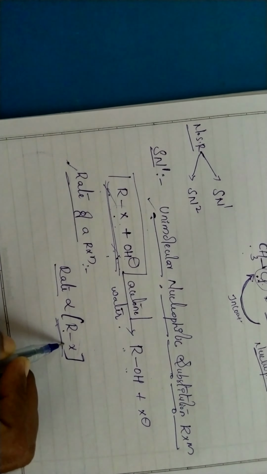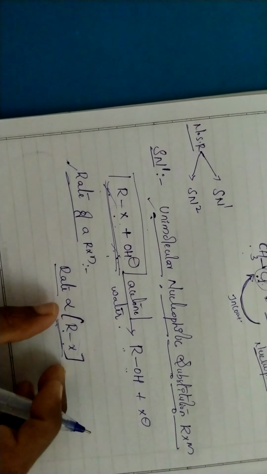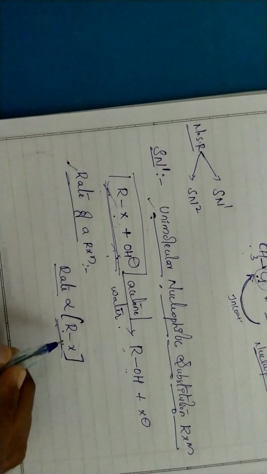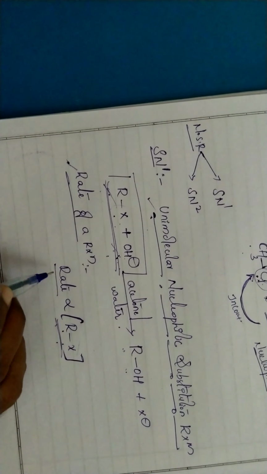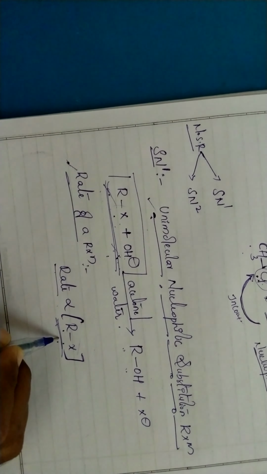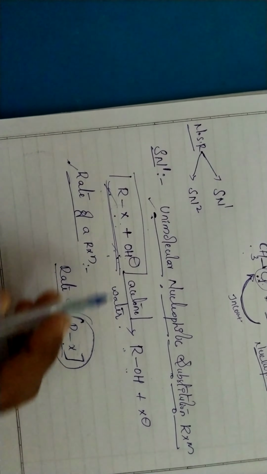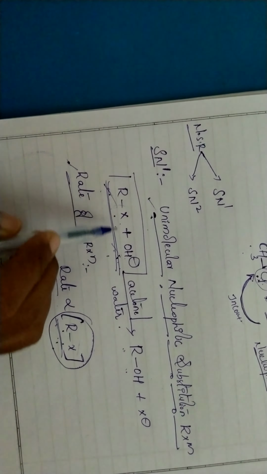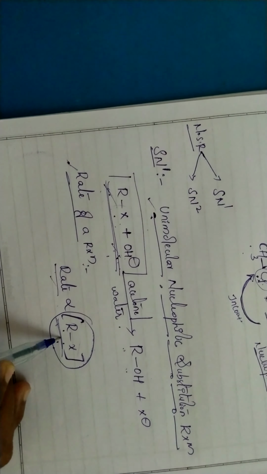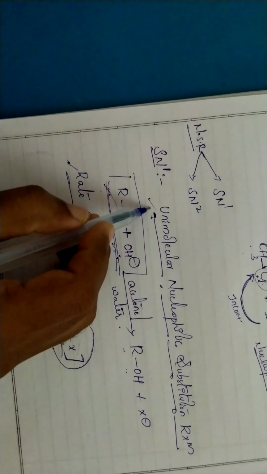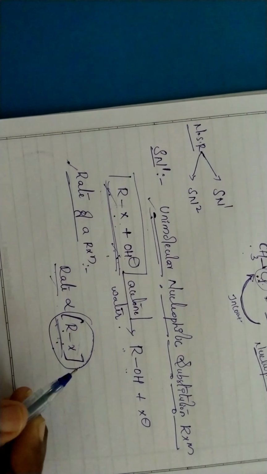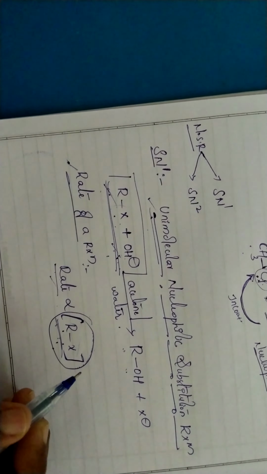Here RX, that is alkyl halide, put in the square bracket means the concentration of alkyl halide. So here rate is directly proportional to the concentration of alkyl halide. So here only one molecule is involved. Even though we have two molecules here, the rate depends on only one molecule. That's why it is called a unimolecular reaction.